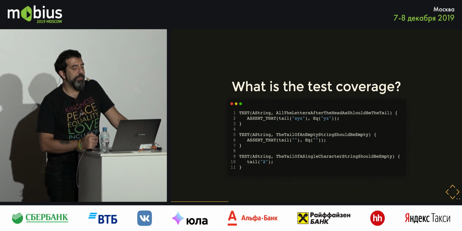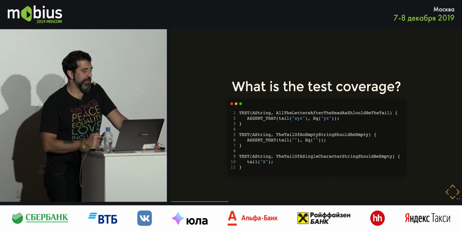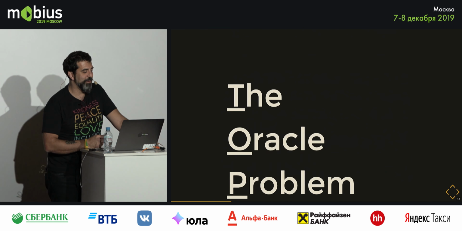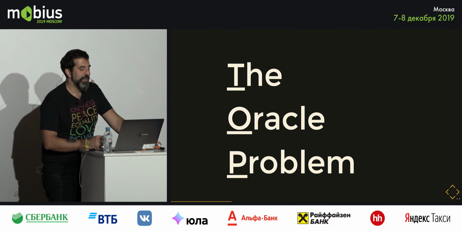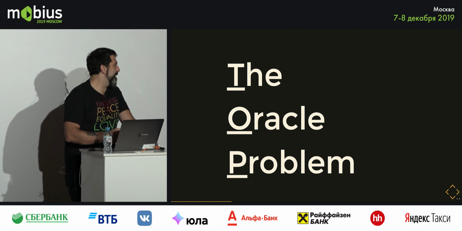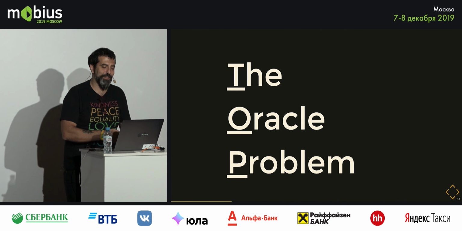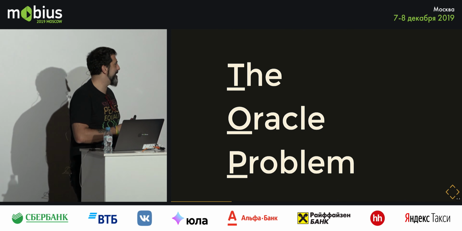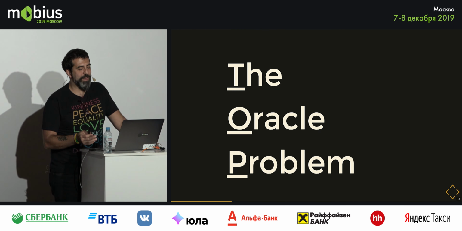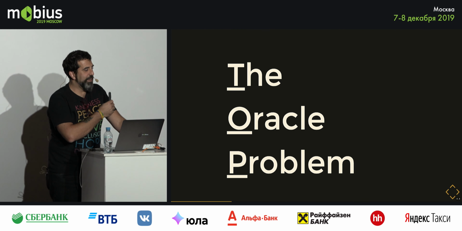The other big important problem that test coverage doesn't solve is the oracle problem. What is an oracle in TDD? It's the entity that decides if a test is passing or failing.